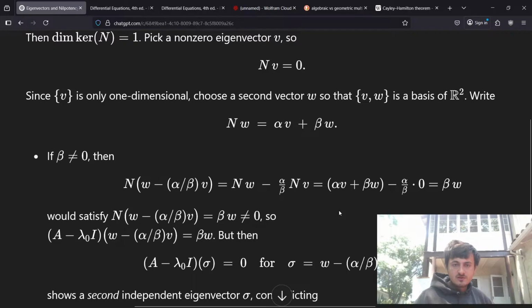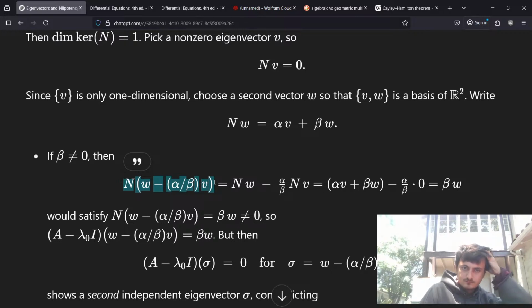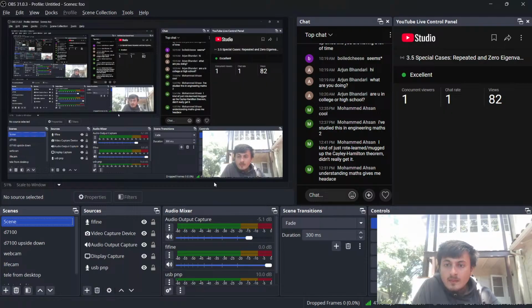If B is not equal to 0, this goes to 0. Wait, what? How did they get this?